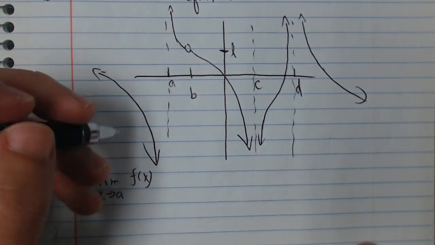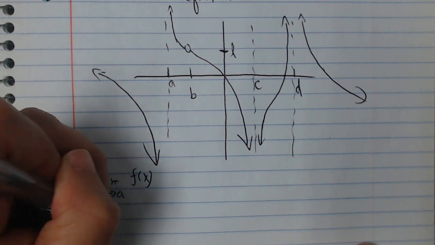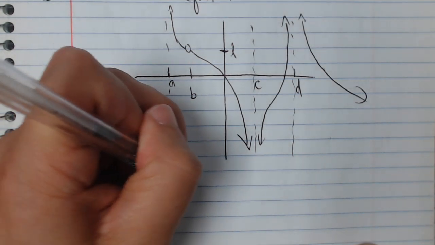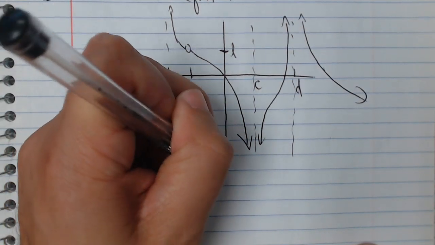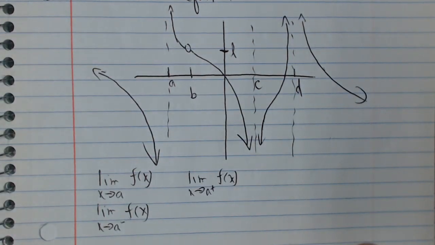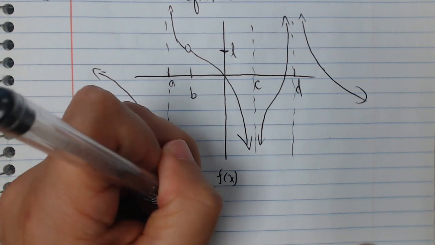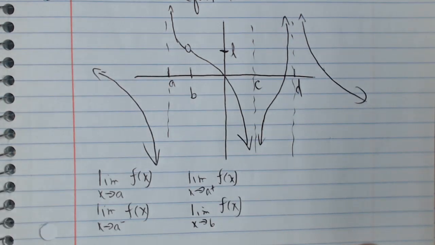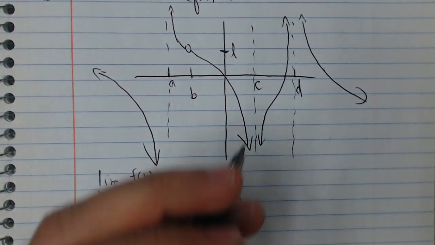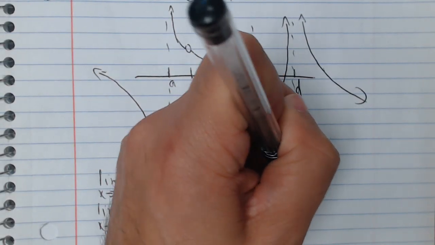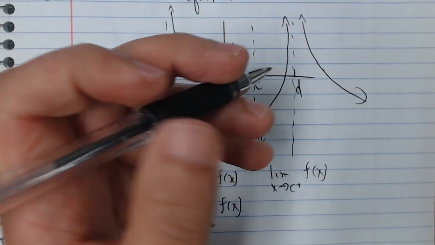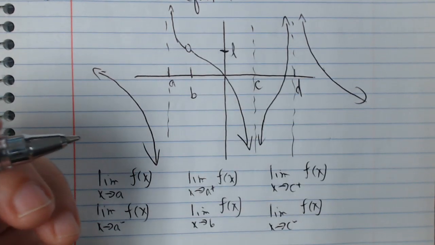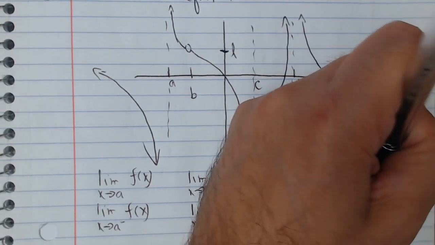So the first thing I want to find is the limit as x approaches a of f of x, then the limit as x approaches a from the left side of f of x, and then the limit as x approaches a from the right side of f of x, and then the limit as x approaches b of f of x, and then find the limit as x approaches c from the right side of f of x, and then the limit as x approaches c from the left side of f of x, and finally the limit as x approaches c of f of x.